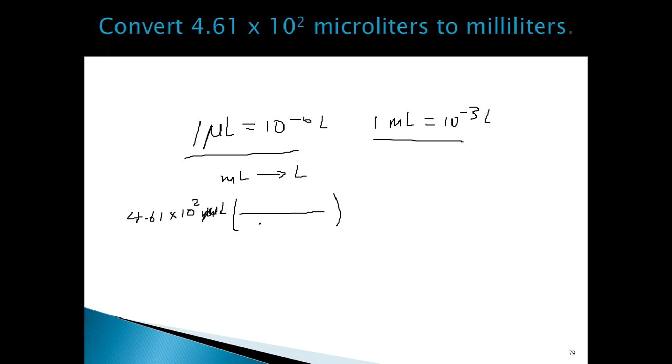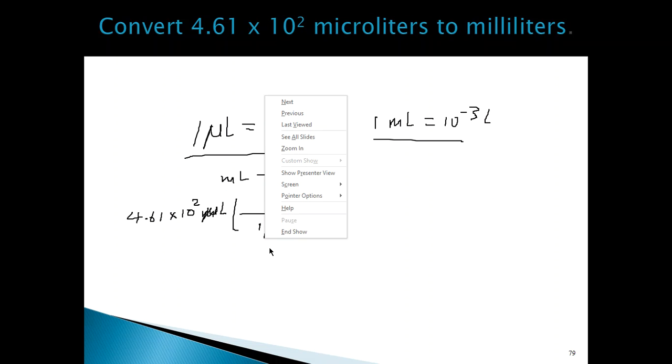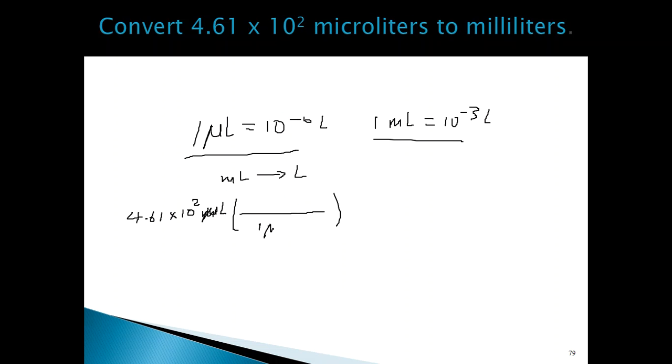So I would put 1 microliter down here and 10 to the minus 6 liter above. So the microliter units will cancel out and I'll be left with the liter unit.